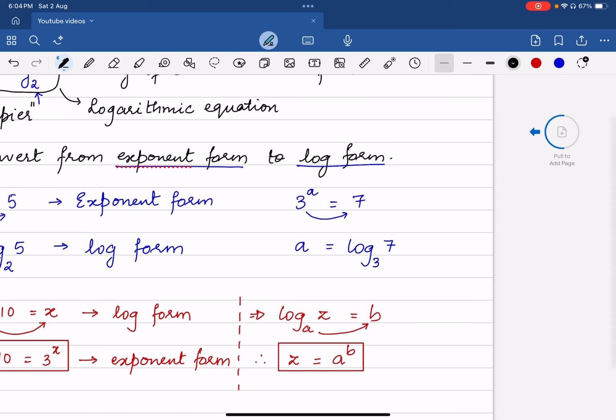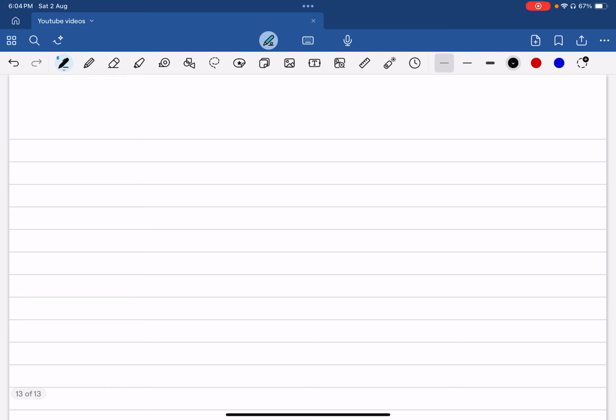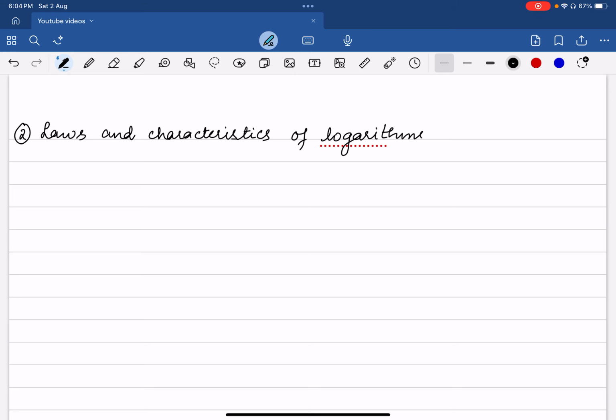Okay, moving on to the next thing. The next thing is laws and characteristics of logarithms.